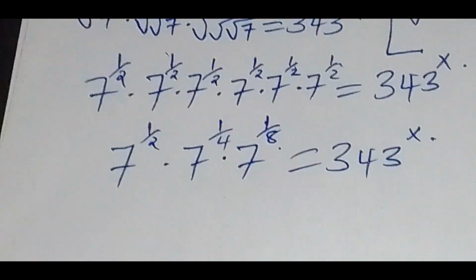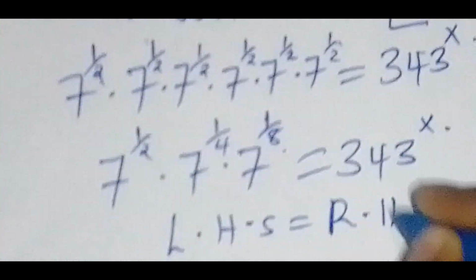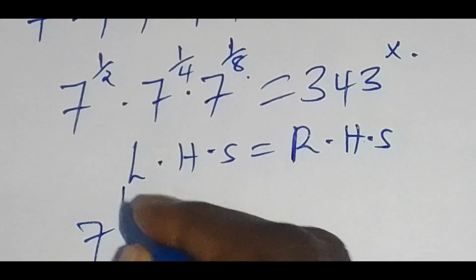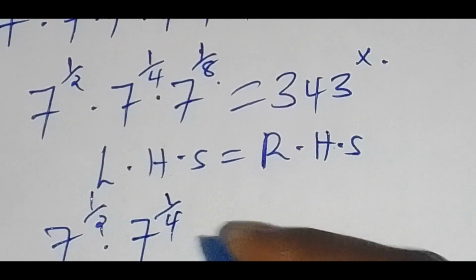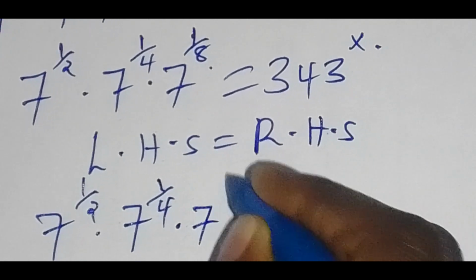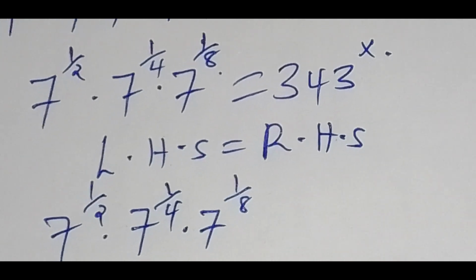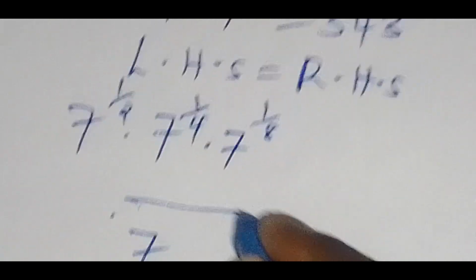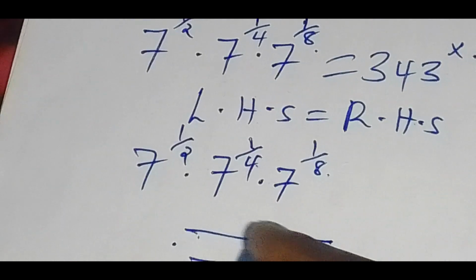Okay, we see that the left hand side must be equal to the right hand side. Okay, so we have 7 raised to power half multiplying by 7 raised to power 1 over 4 multiplying by 7 raised to power 1 over 8. This is supposed to give us, remember, this is 7, so we get the LCM of 2, 4 and 8, which is 8.